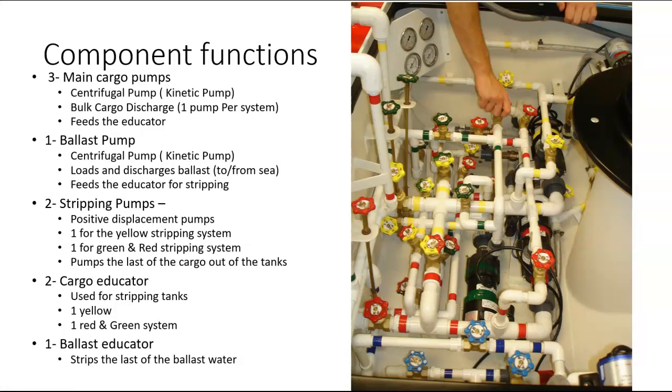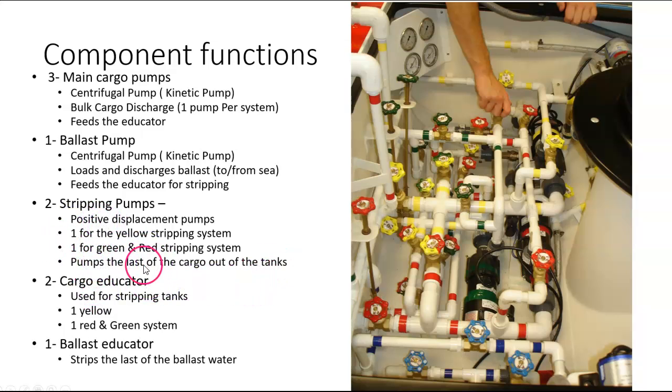And you're going, oh my God, what if I'm loading or discharging diesel out of the red system and gasoline out of the green system, and I'm going to use the same stripping pump? Seems to me like we might have a contamination problem. So we're going to have to be careful about that as we move forward.